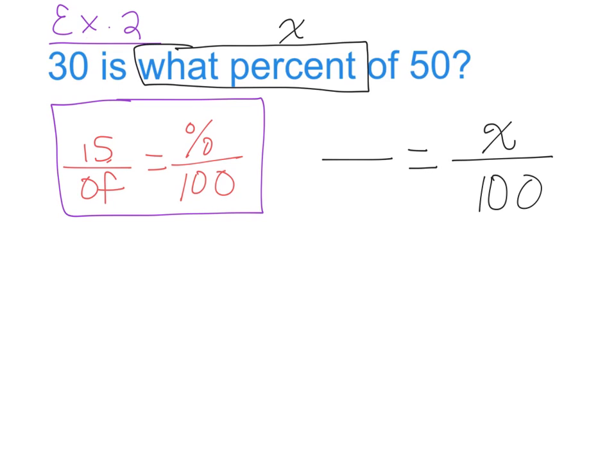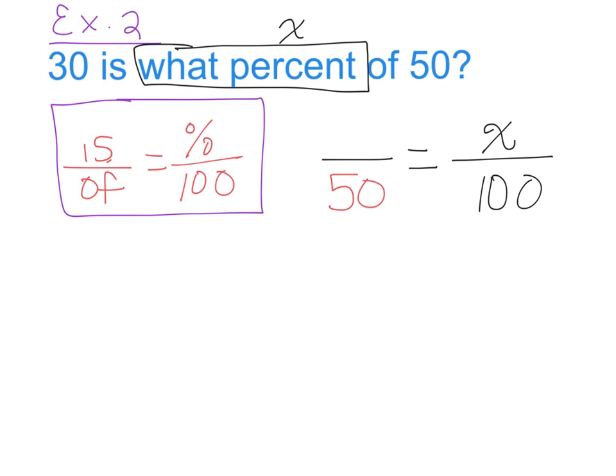Now, it's tough when they're worded like this to figure out what the whole is and what the part is. So I'm going to try and figure out what the whole is here. So what is the total? And if I look back here with my words, it's easy to see that of means my whole, and it says of 50. So 50 is my of. So I'm going to go here and put 50 as my of.